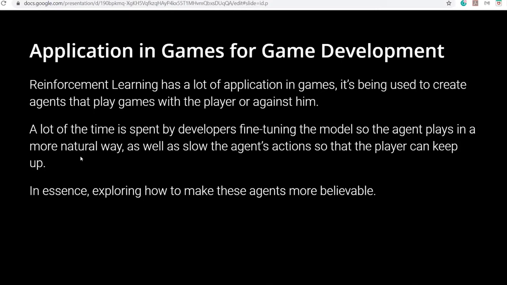Which brings us to a possible problem, where players want to engage with games that are as natural to play as possible. On the other hand, if a player plays against the same agent, the probability is that the agent is slow to adapt to the player's play, and with enough experience, the player is able to predict the action the agent takes and win easily. So the question is, can we create agents that play games by imitating players playing?